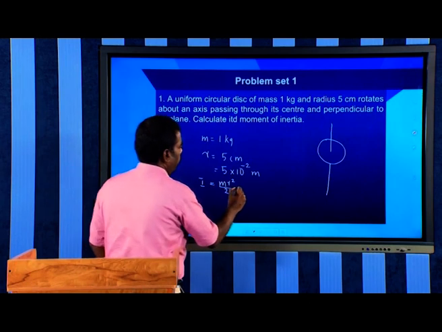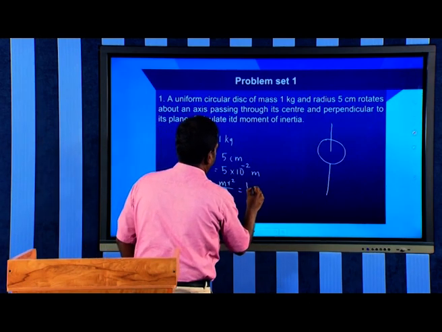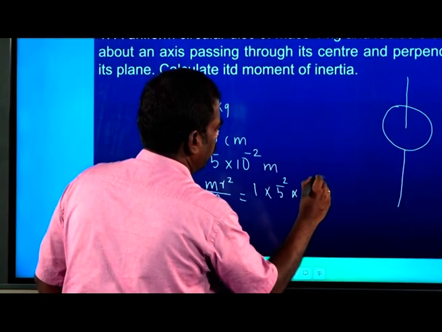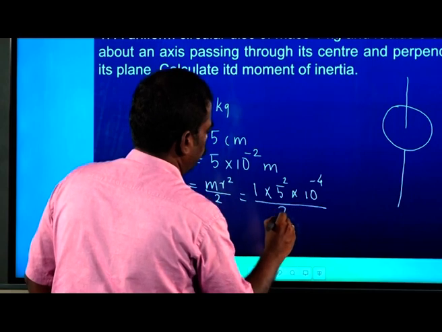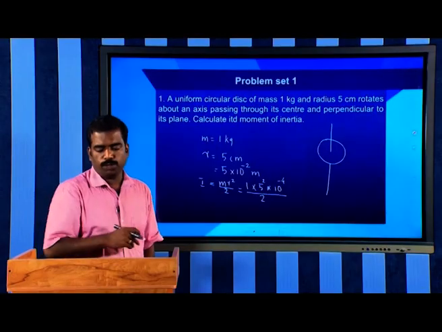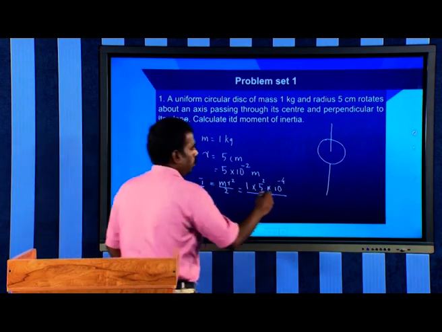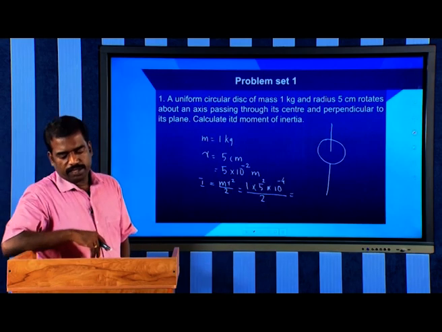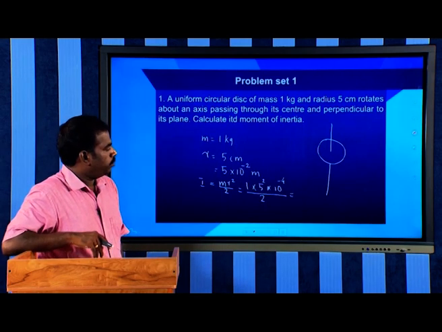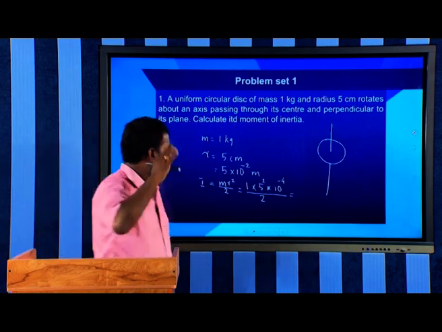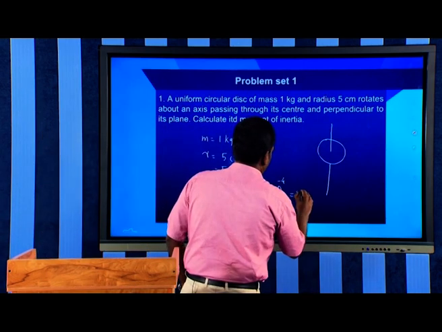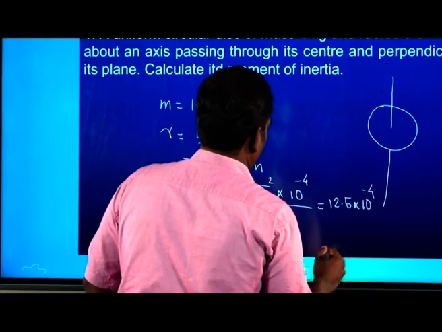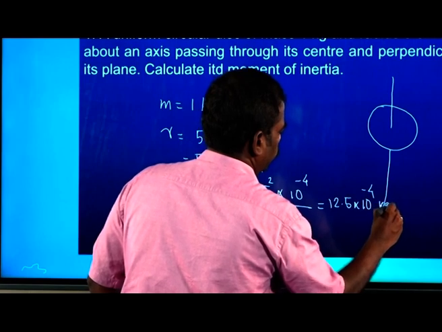Just substitute: m equal to 1, into 5 square into 10 raised to minus 2 square, which is 10 raised to minus 4, divided by 2. So, it is 25 by 2 into 10 raised to minus 4, which is 12.5 into 10 raised to minus 4 kilogram meter square.